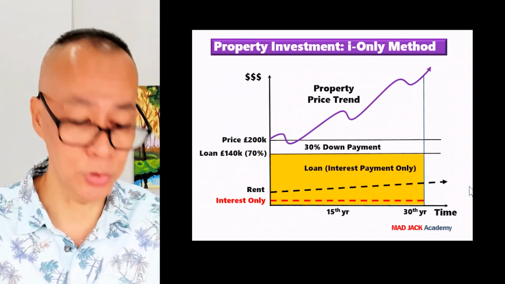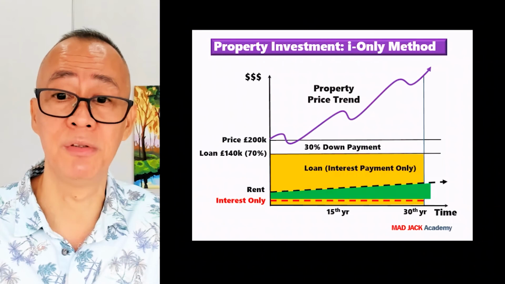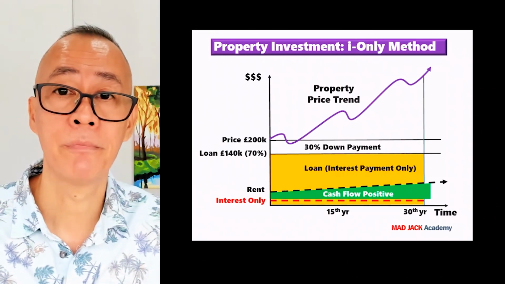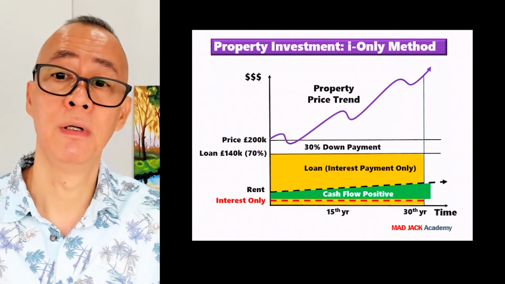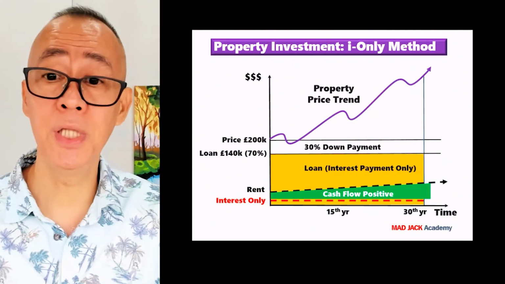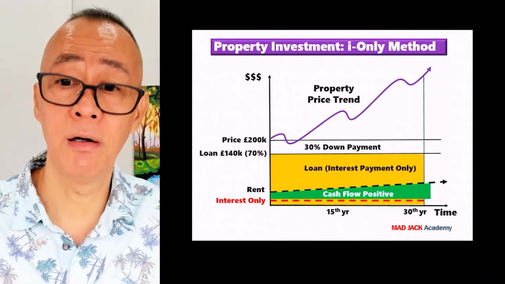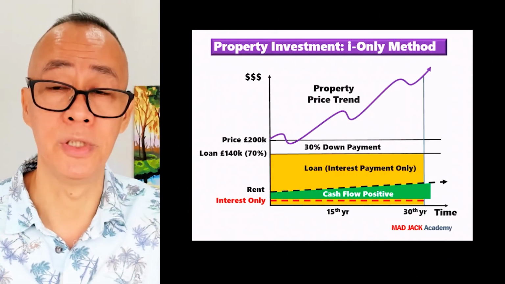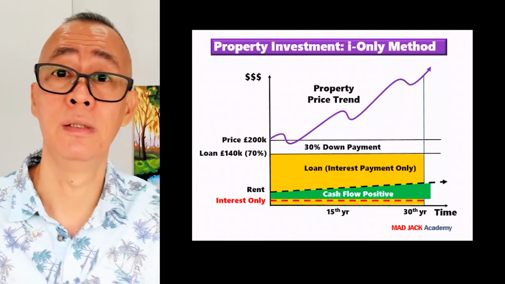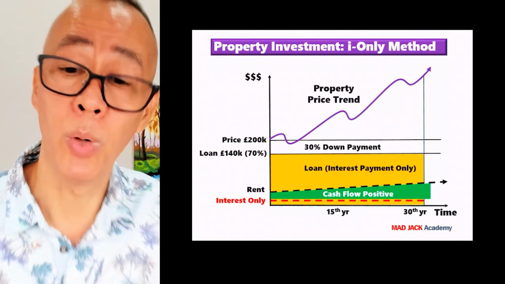When you pay interest only, the chance of having positive cash flow is very, very high. There's no principal saving. People ask, hey, there's no CLR. Remember the CLR? It is the cumulative loan reduction. So there's no loan reduction in this case. Now what are you in it for?